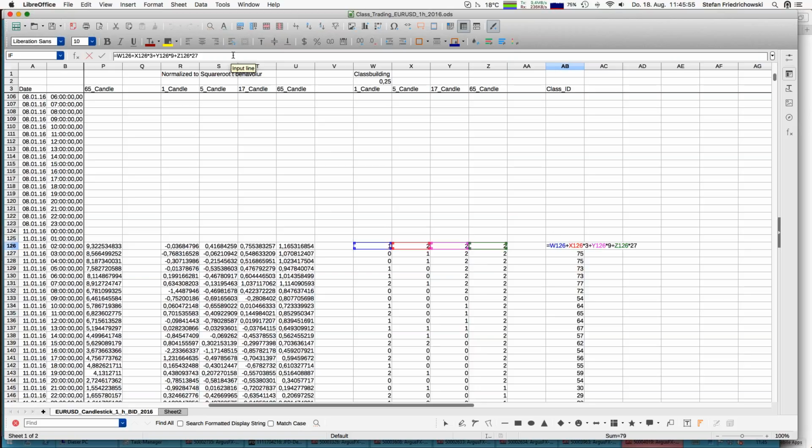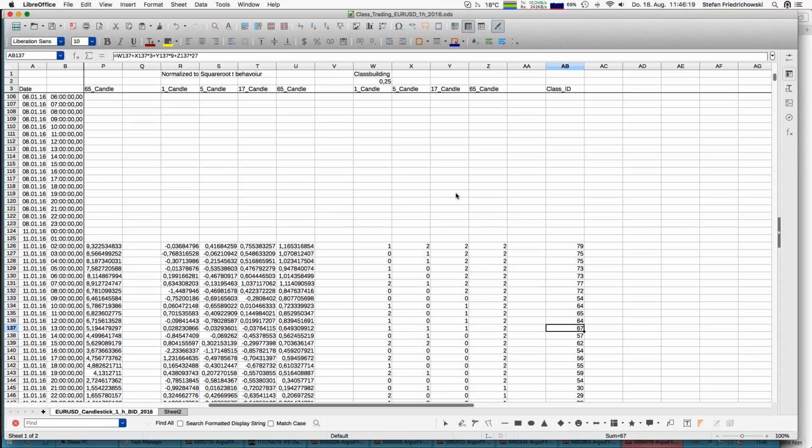It's quite easy to calculate something like that because I only have to take my 4 numbers of my subclasses and then multiply the last one with 27, 9, 3, and the first one with 1.